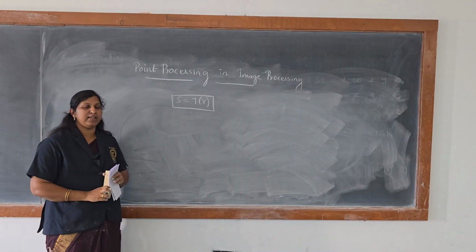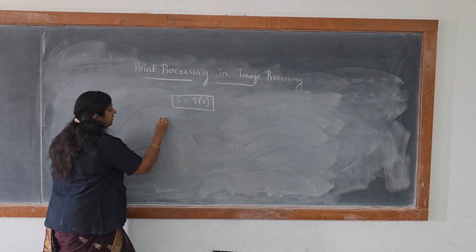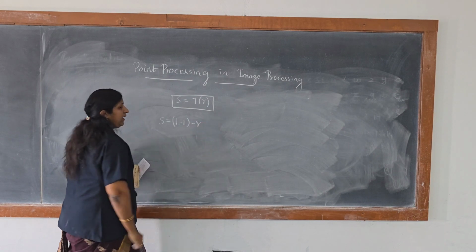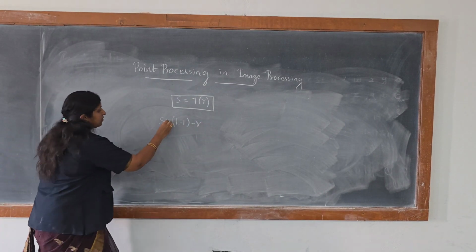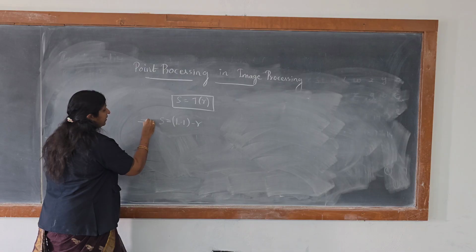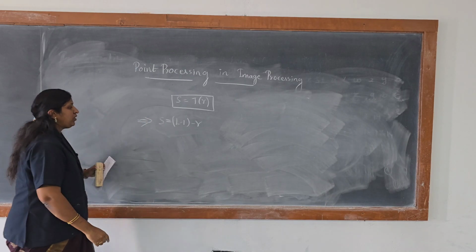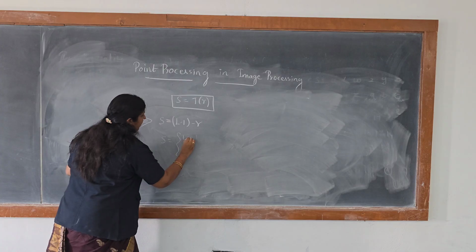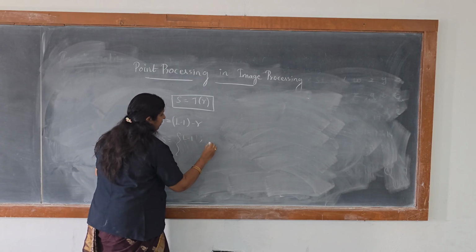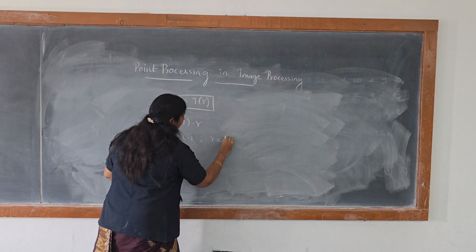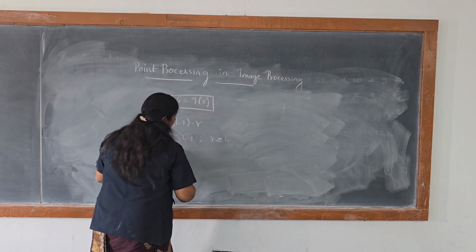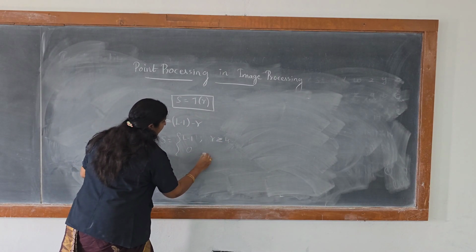First one is digital negative, where we use the relation S is equal to L minus 1 minus R. The second one is the thresholding method, where S is equal to L minus 1 if R is greater than or equal to 4, and 0 otherwise.